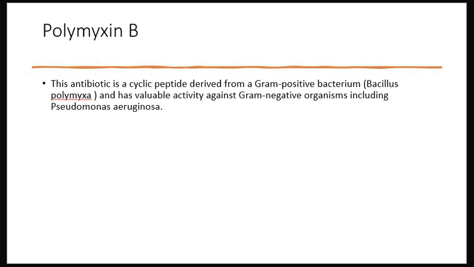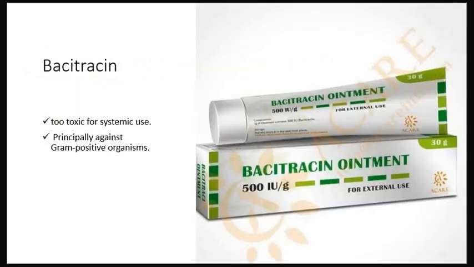So Polyfax has two antibiotics that provide a wide range of coverage in case of burn, in case of pressure ulcer, in case of decubitus ulcer, in case of road traffic accident wounds as well. Bacitracin, as I have already mentioned, is active against gram-positive bacteria, and it comes in the market with the name of bacitracin ointment. It also comes with polymyxin B with the name of Polyfax ointment.